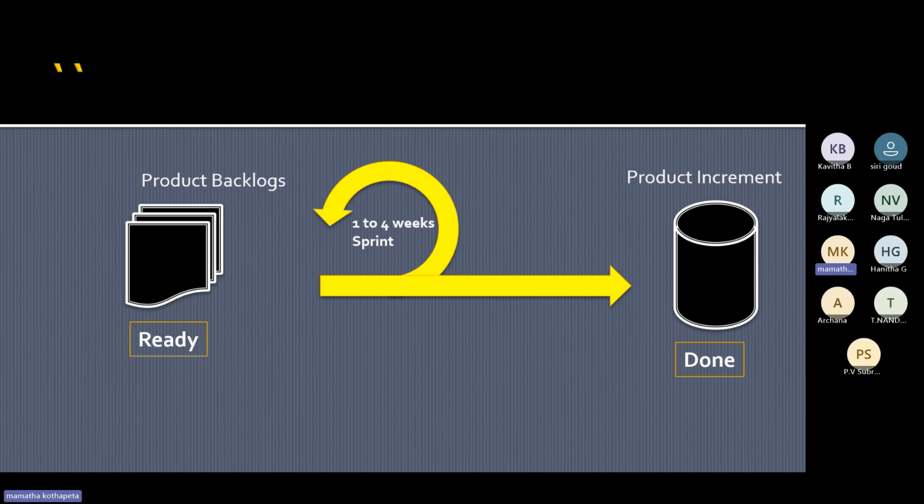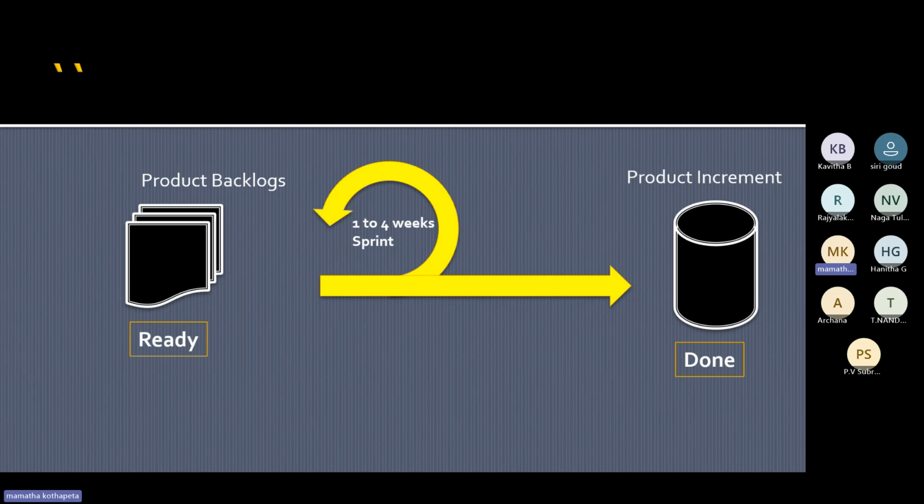They will define a definition by the Scrum Master and by the product owner. So they mention some conditions. If the user story satisfies this, if testing is completed but there are no defects like this, then it is said to be done. So people will ask in the interview, what is the definition of done?